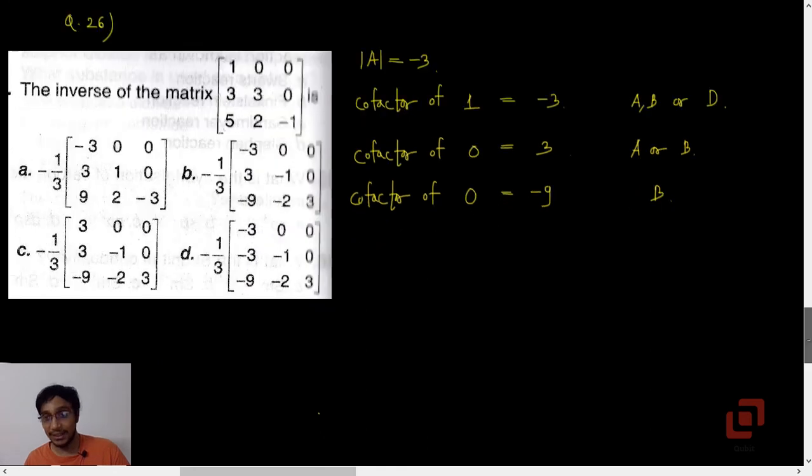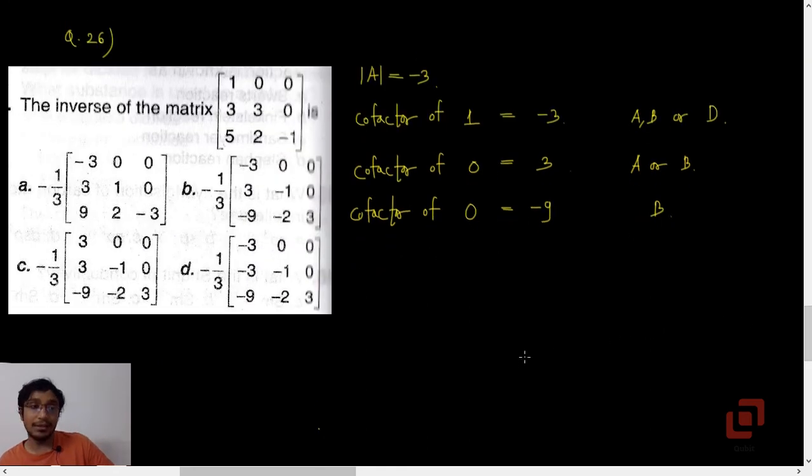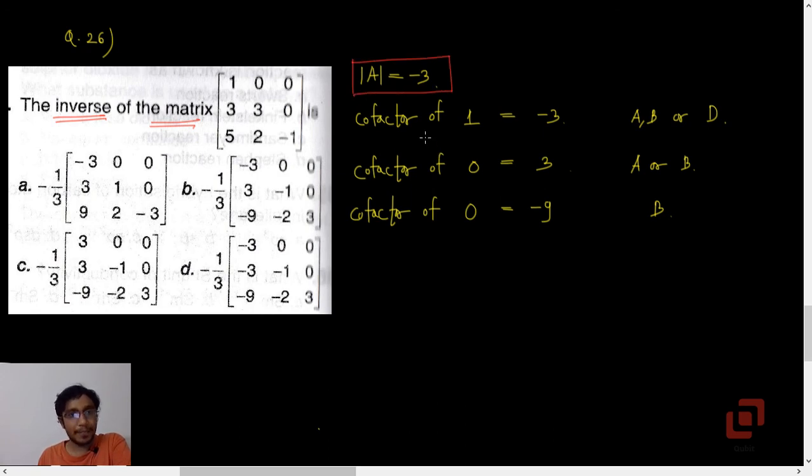Question 26, yes. Again a matrix, a 3 by 3 matrix whose inverse has been asked. Okay, now this time it is a lower triangular matrix, so its determinant is -3. Okay, and you can see everywhere that 1 upon determinant of A is present, so the matrix is the adjoint now. Okay, we need to find the adjoint.